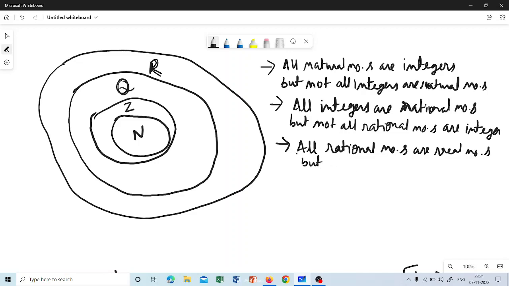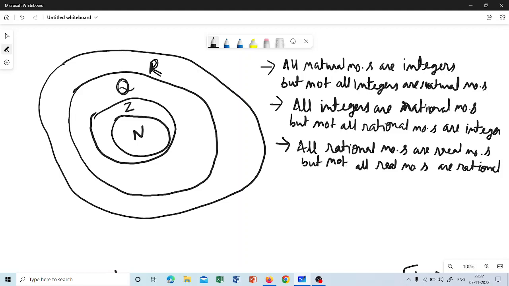So not all real numbers are rational. For example, square root 2, root 3 and pi are all irrational numbers. So this is a conclusion, and now how is it related to sets?